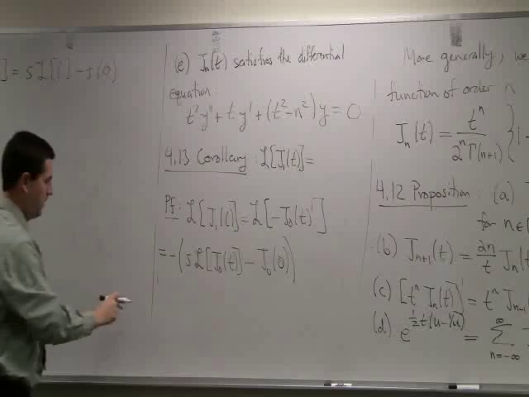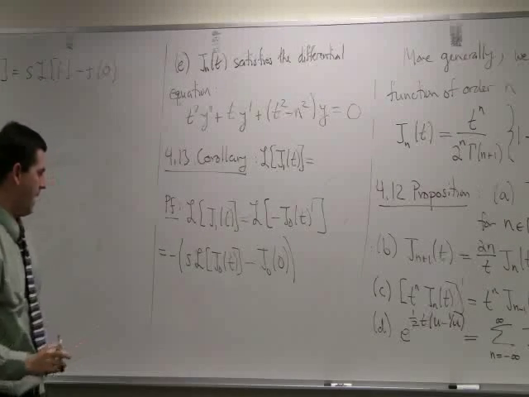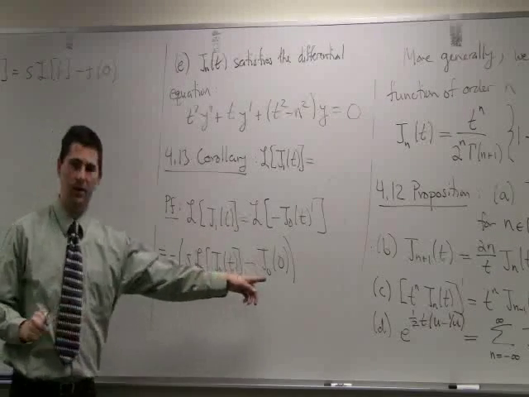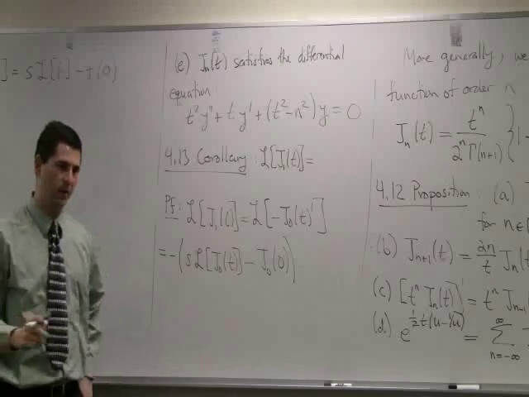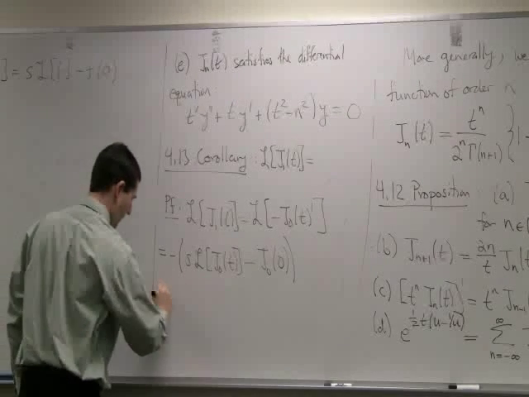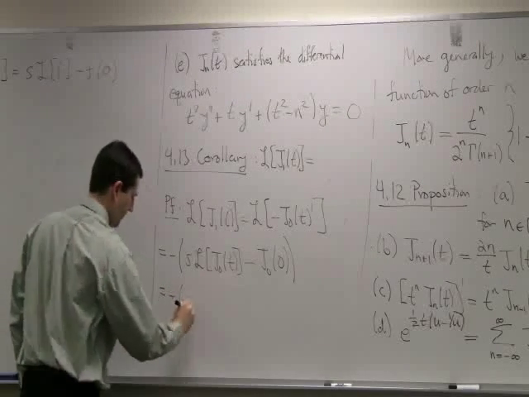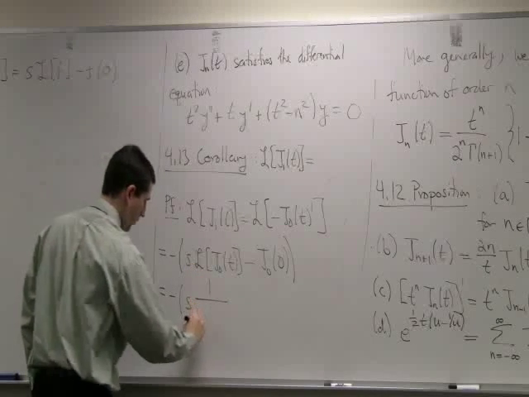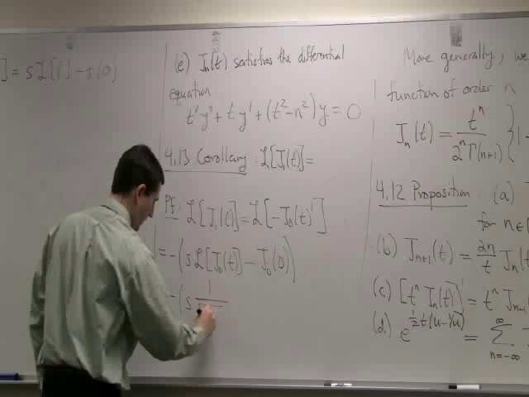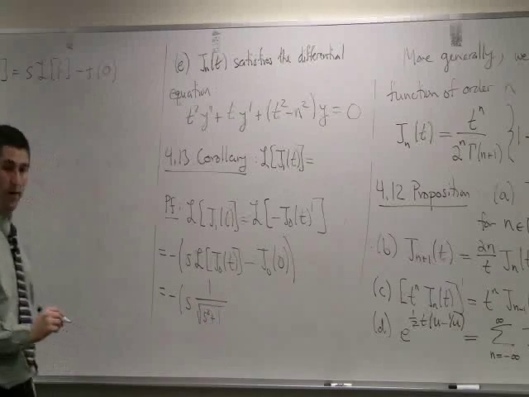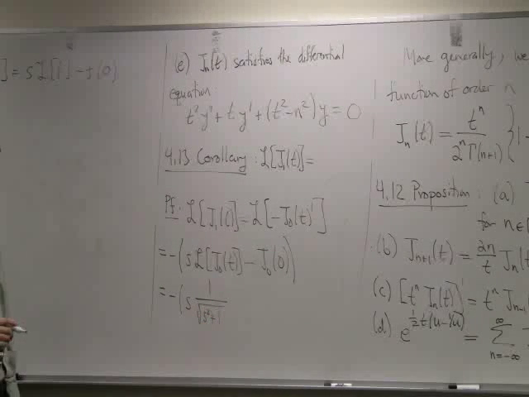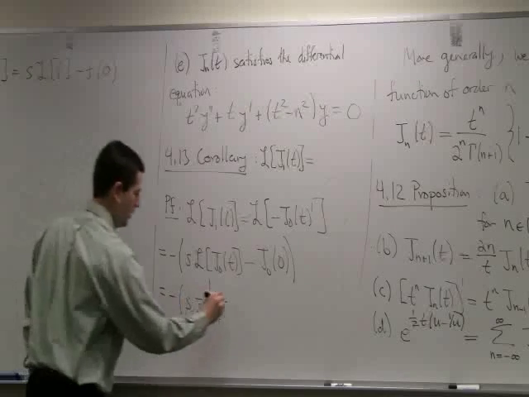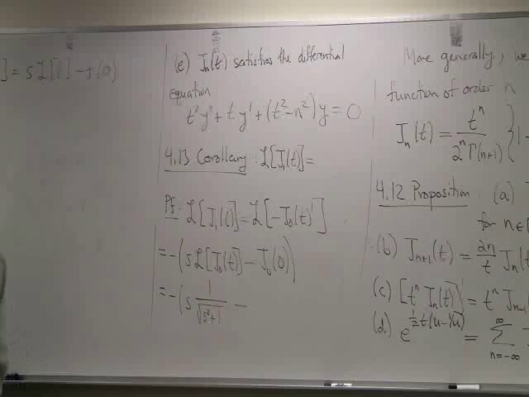Prove this? Ah, okay, but we know everything in here, or at least we could. Now, what was the Laplace transform of J0? It was 1 over the square root of s squared plus 1. And then we need to know what J0 of 0 is. Oh dear. Let me figure that out.